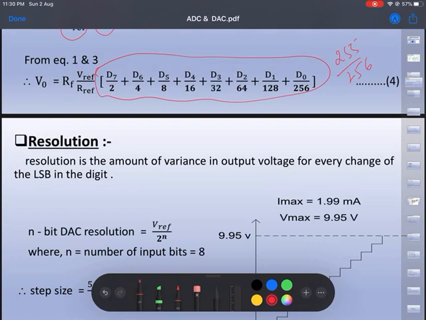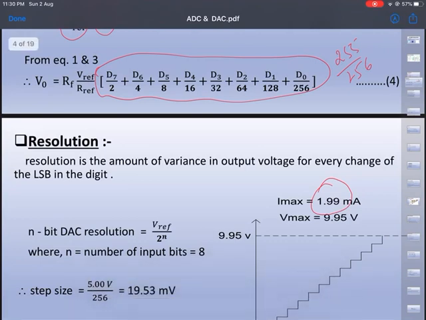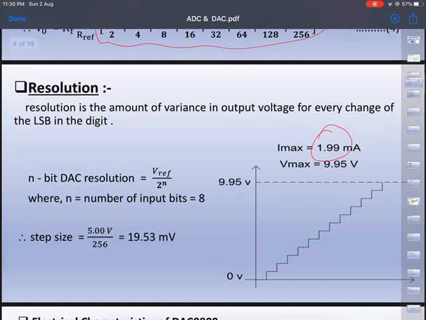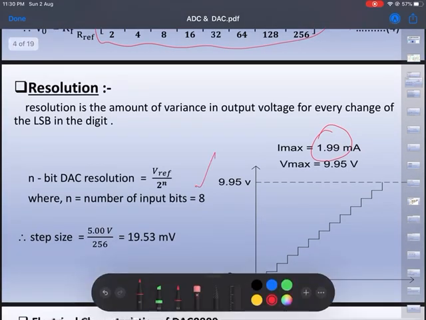This difference of one least significant bit corresponds to a current of 1.99 milliampere, and hence the corresponding output will be a maximum of 9.96 volt. You can clearly see it, since it is 8 bit, so the number of steps are 8. I hope it is very clear.